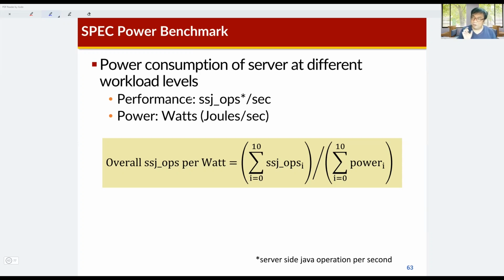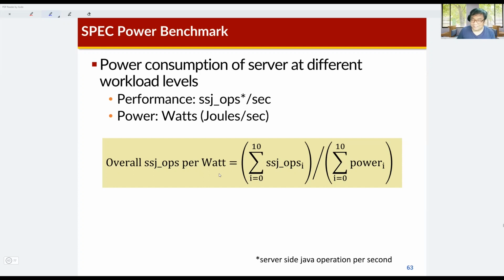It is used for measuring the power consumption of servers. The SPEC Power benchmark uses a different metric called ssj_ops per watt.